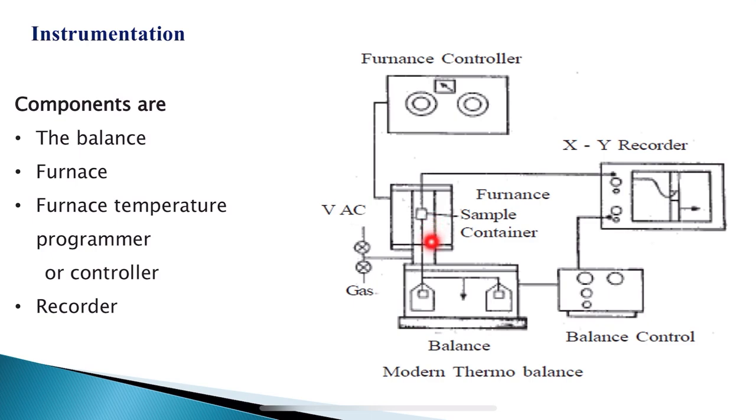That is why I told you we are going to use an inert gas: the electrical furnace should be clean. We have to clean the furnace enclosure with a suitable gas, especially the inert gas, to create the inert atmosphere.